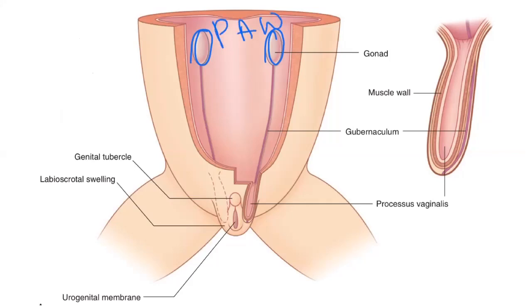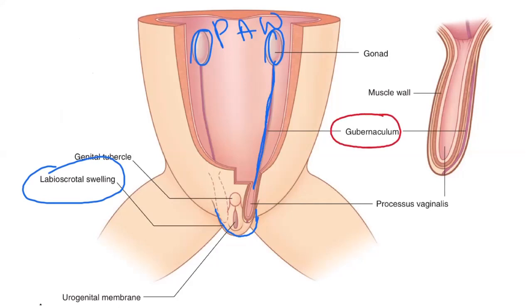So you see, these are the gonads situated in the posterior abdominal wall. This is the labioscrotal swelling, right? The structure connecting these two things is the gubernaculum. Along with the gubernaculum, this is the peritoneal cavity, along with these muscles and fascia.